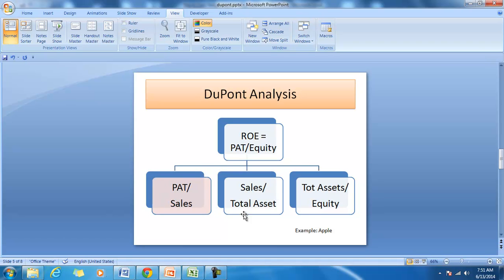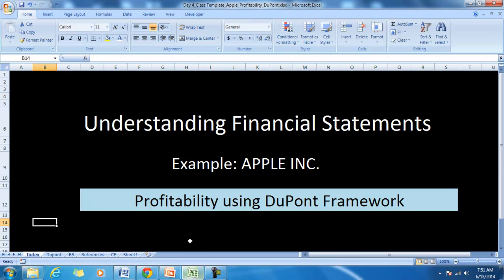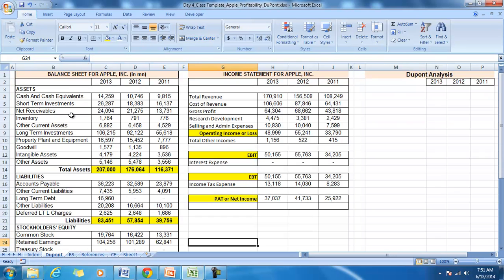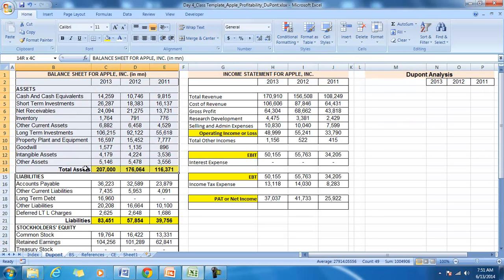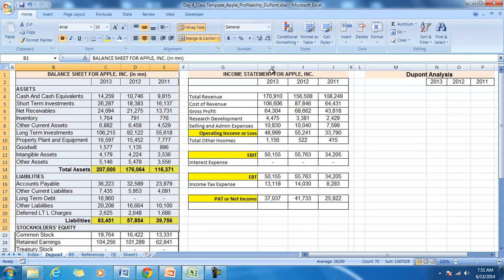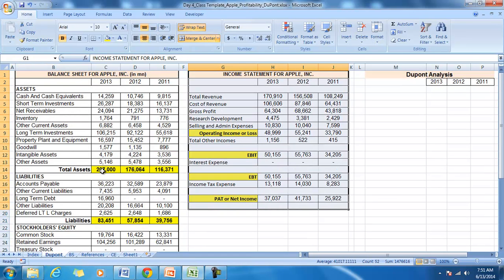Now let us take an example at this position to understand the decomposition of return on equity. For that we will pick up the financial statements of Apple, and the financial statements required for undertaking a DuPont analysis are the balance sheet and income statement. So you have the balance sheet and the income statement.